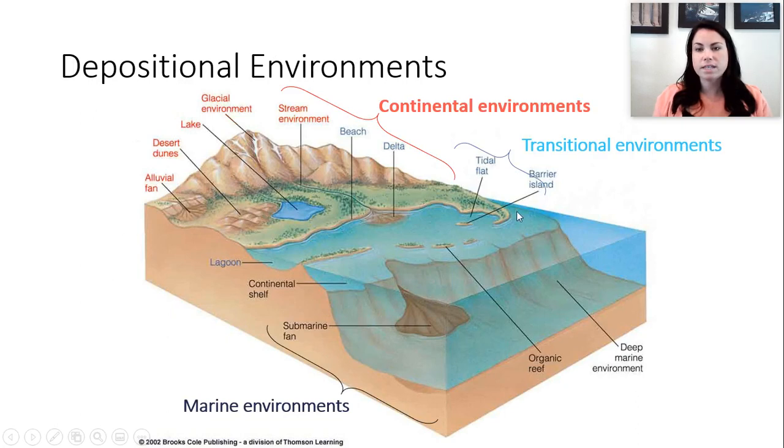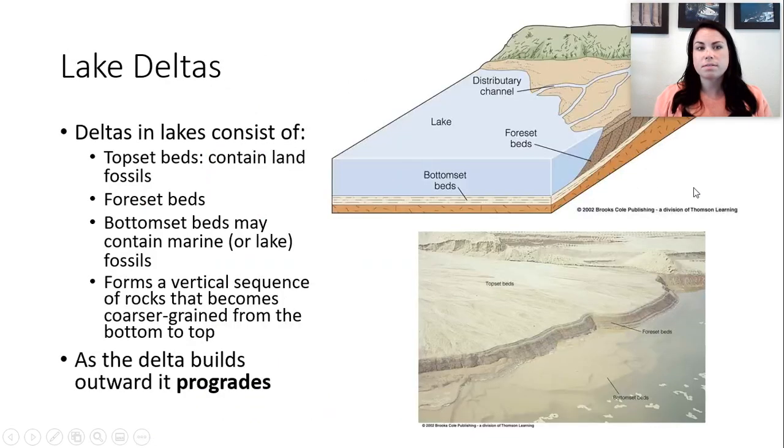So again, here's that diagram of where we are in transitional environments. We're moving from continental environments to marine environments. So somewhere in between is where we see these transitional environments. So an example of that is a lake delta. So deltas and lakes consist of top-set beds that contain land fossils. The bottom-set beds may contain marine fossils.